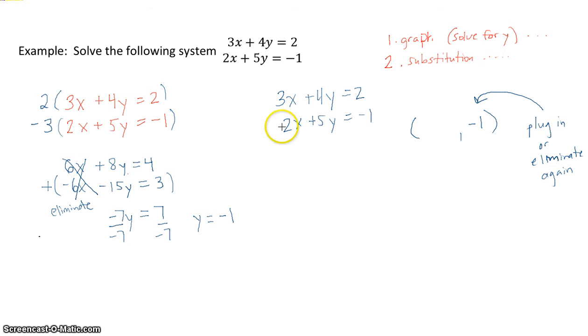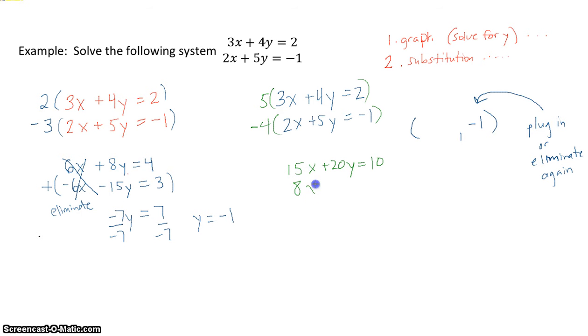So I'm going to eliminate now. I eliminated the y's before. Now I'm going to eliminate the x's. So I'm going to take this first equation and times it by 5. So I get 15x plus 20y equals 10. And I'm going to take this second equation and multiply by 4, and not just a 4, a negative 4.